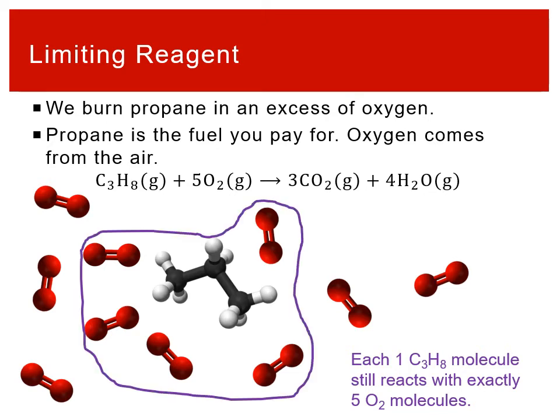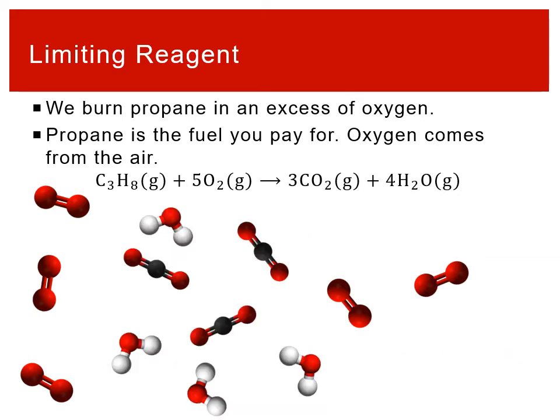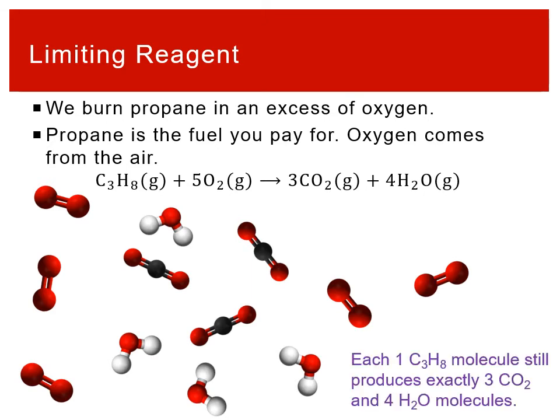All of those are going to react, okay? Then they produce the product based on our expected ideas. And so you still make everything in the same, but importantly, you have oxygen left over. That is what is in excess. You have set up your mixture that the propane is the limiting reagent.